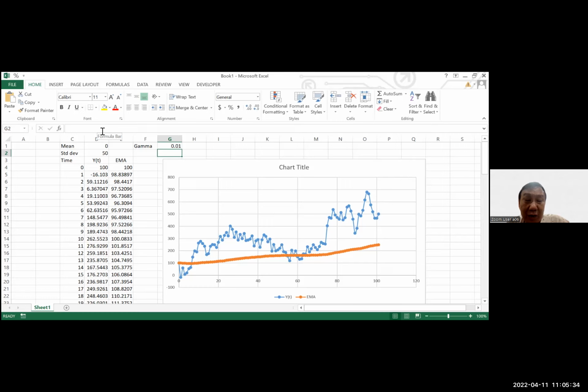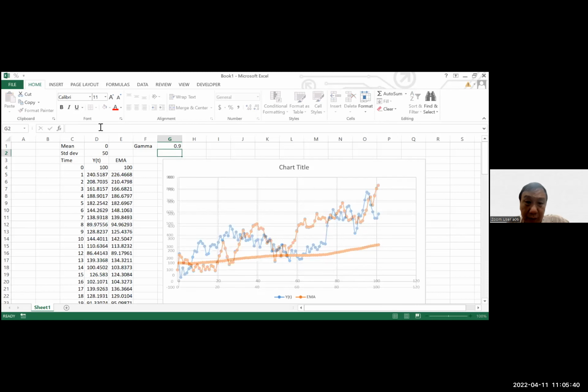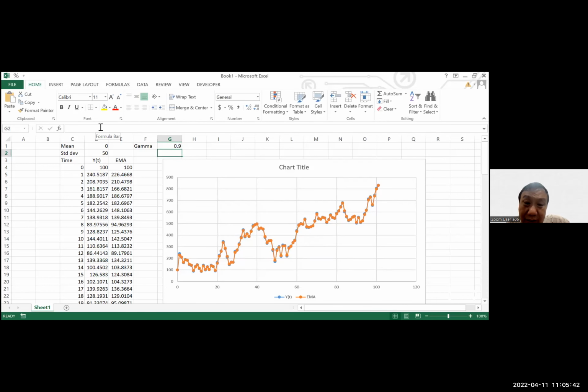Now change the gamma to 0.9. Now the EMMA and the data are exactly the same. So in this case, you don't filter. Can you see that or not?